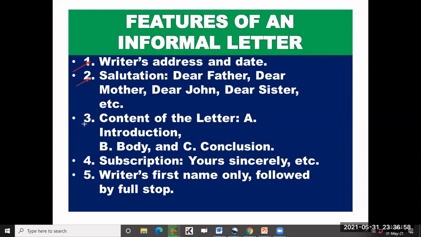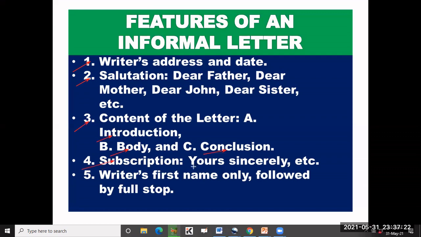Then the third part of the informal letter is the content of the letter, which can be subdivided into 3 parts. A, introduction; B, the body of the letter; and C, the conclusion. Then the fourth part is what we call the subscription, or the closing greeting.